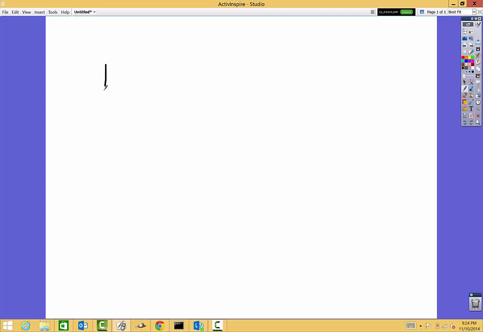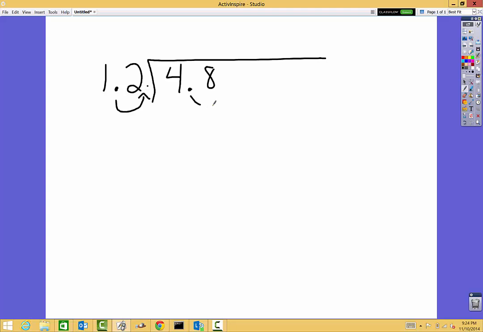So now that we have that concept, let's go to a different problem. I have 1 and 2/10 as my divisor, and I'm going to divide by 4.8, or 4 and 8/10. I have to move it 1 spot. I move it 1 spot. So I'm going to rewrite my problem for myself.